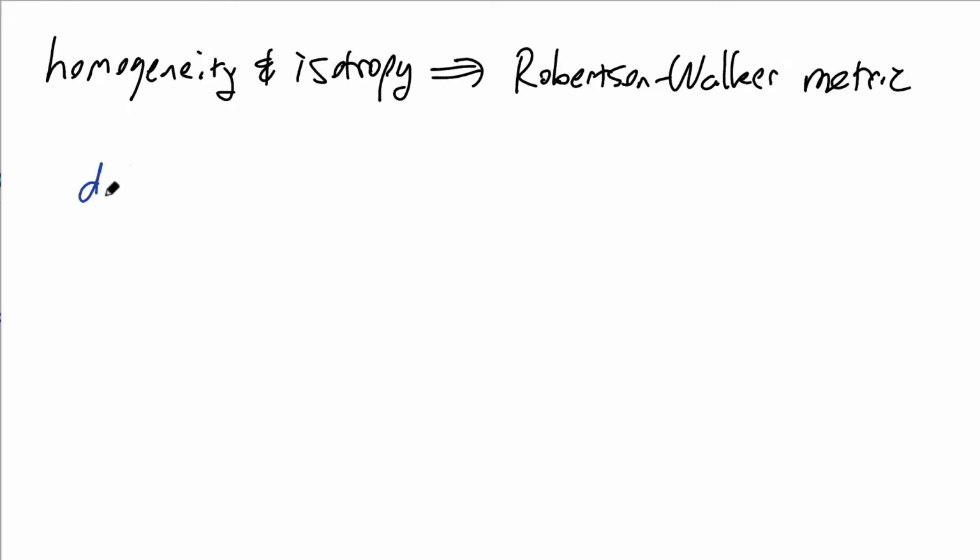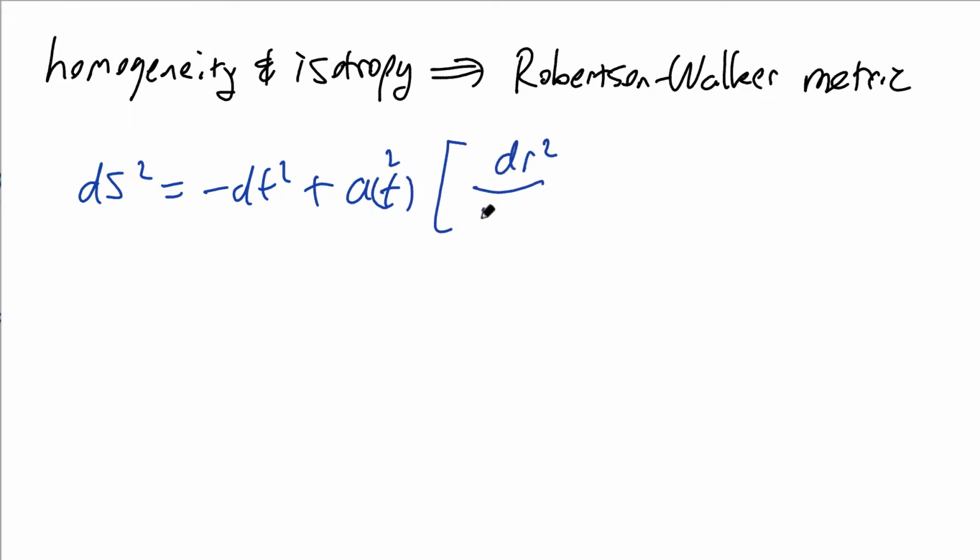And the Robertson-Walker metric is ds squared equals minus dt squared plus a of t squared times the quantity dr squared over 1 minus kr squared plus r squared d omega squared, where d omega squared is shorthand for d theta squared plus sine squared theta d phi squared.